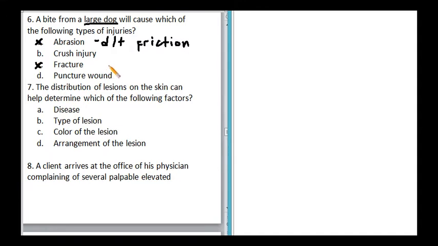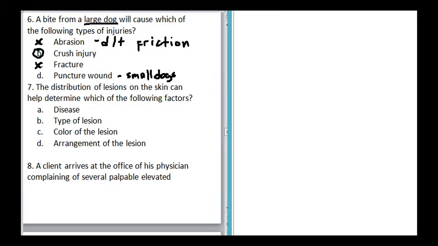So it's between B or D. Since the dog is large, the answer here is letter B. Because letter D is from small dogs. Therefore, the answer is letter B.